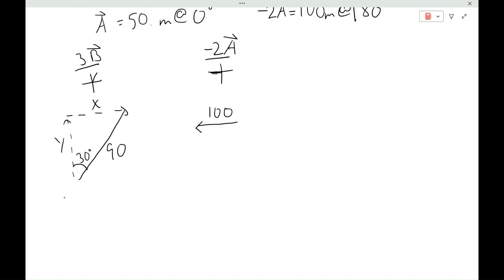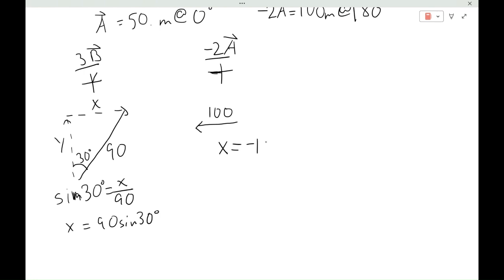So first, to find x here, we need to use sine. So sine 30 equals x over 90. And then we would write x equals 90 times sine 30. For this one, we already know that it's going to the left and the magnitude is 100.